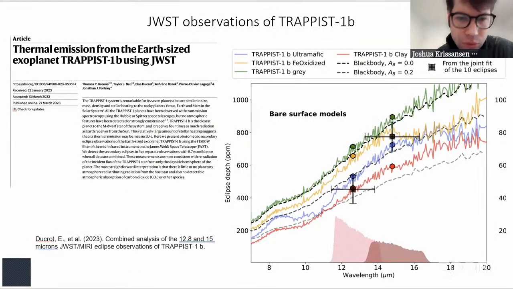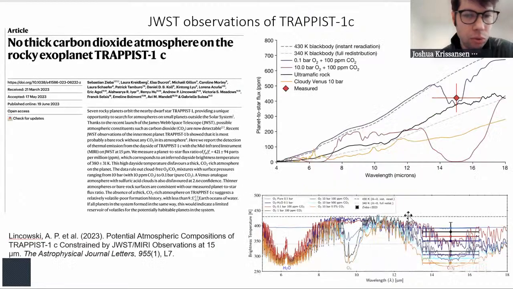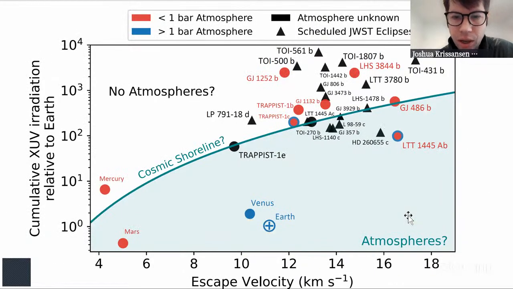And this is consistent with what we've been seeing observationally. Thermal emission observations of TRAPPIST-1b suggest a bare rock or close to it, which is exactly what we are predicting. I haven't shown examples of other hot rocks here, but the model similarly predicts these outcomes for other highly irradiated objects.